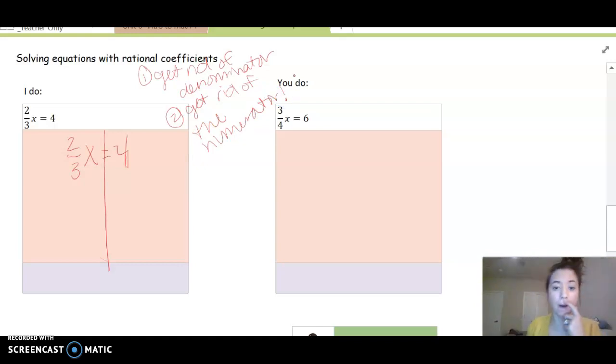So first get rid of the bottom, and then get rid of the top. So on a fraction, remember that the fraction is division. So you could read this as 2 divided by 3. So how do I get rid of a divided by 3? I'm going to multiply by 3.